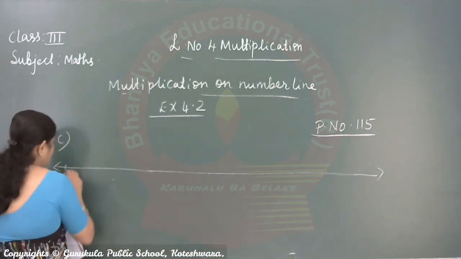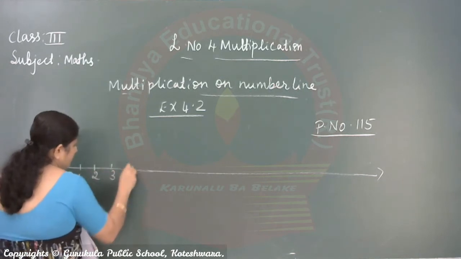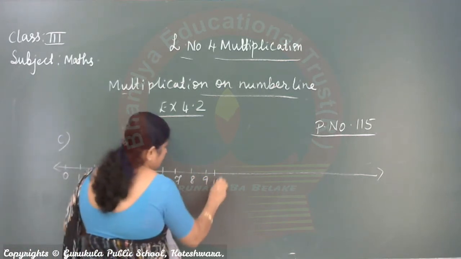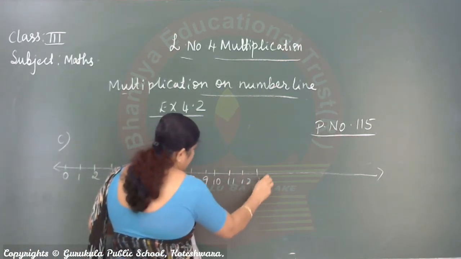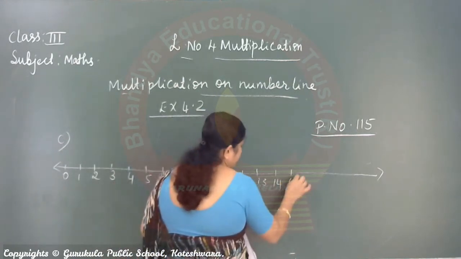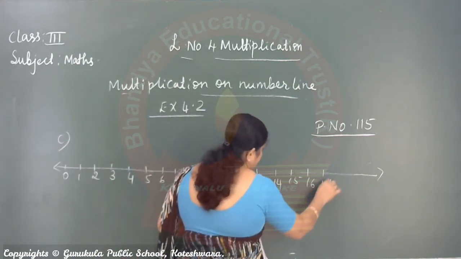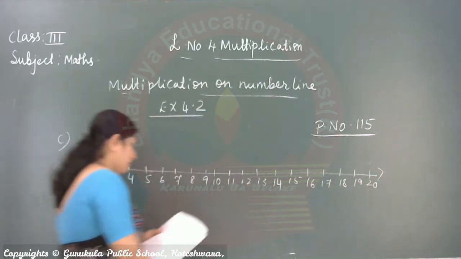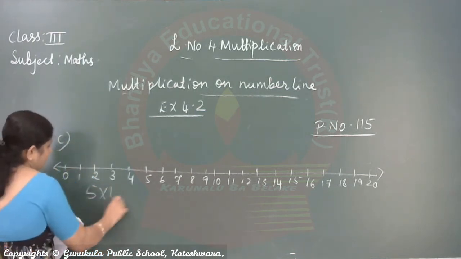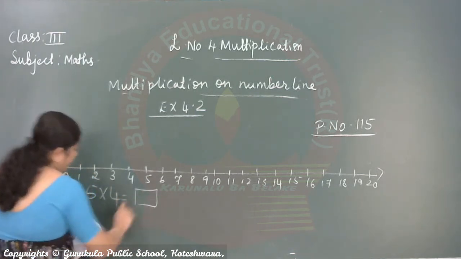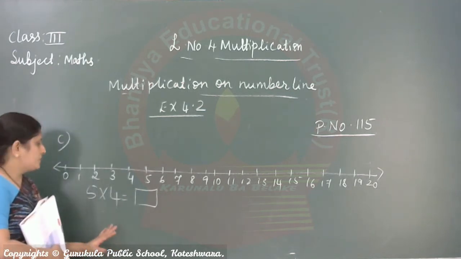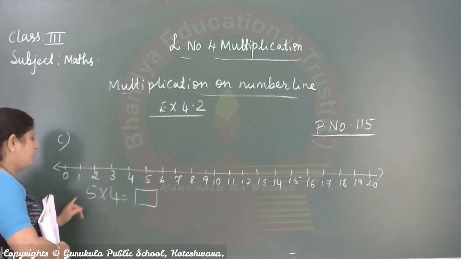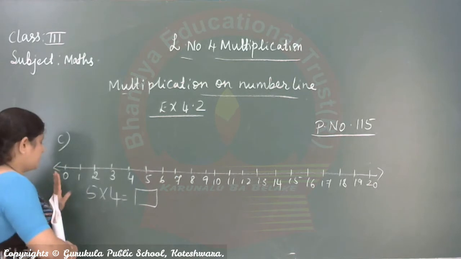Start from 0, 1, 2, 5, 6, 7, 8, 9, 10, 11, 12, 13, 14, 15, 16, 17, 18, 19, 20. Here it is given till 20. Now we have 5 fours are dash. So we have to start from where now? Start from your zero. Start from 0.